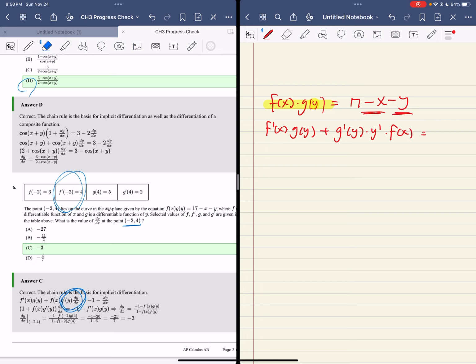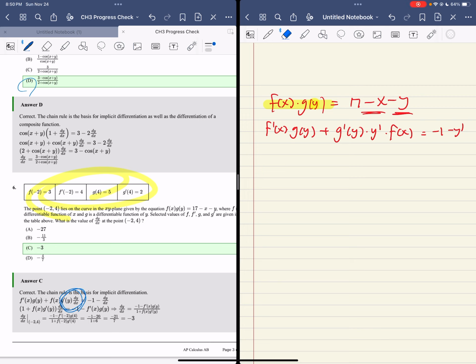So when I plug these numbers in, it's going to be the same thing. Because of the chain rule, the derivative of y is going to be y prime, because we're deriving in terms of x. So same thing, I just plug in these numbers here.